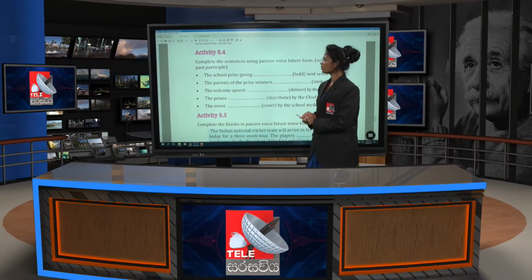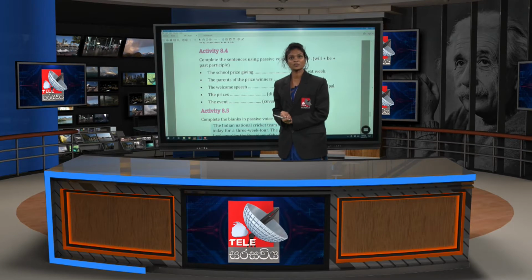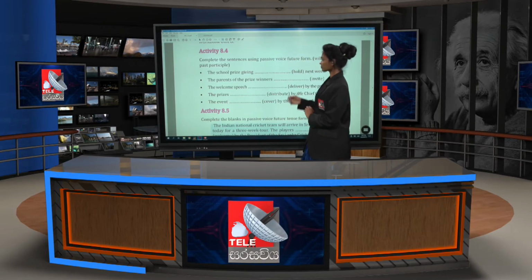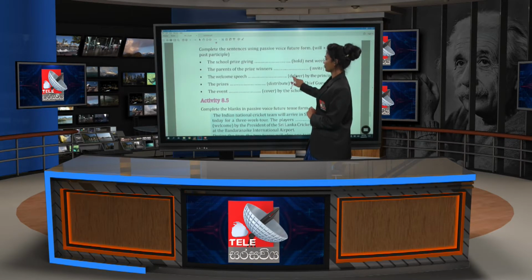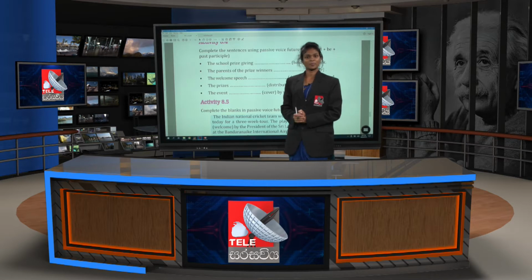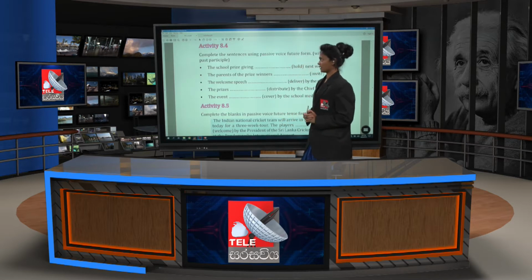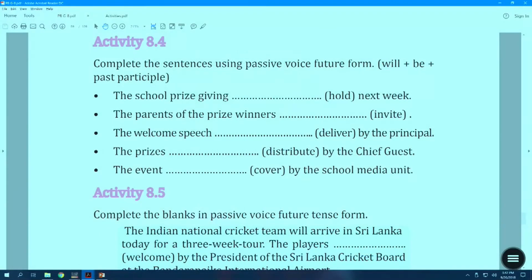Then we are moving to activity 8.4. This is the last activity. We are going to talk about simple future passive. Now pay your attention well, right? What is the question?